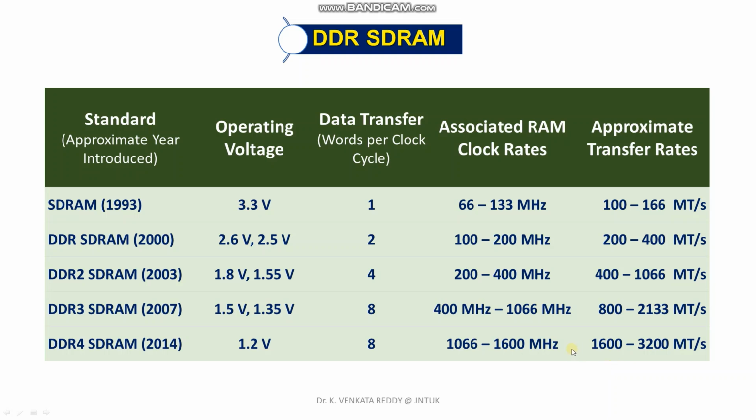They also operate at higher clock frequencies, from 1066 up to 1600 megahertz. They also operate at a very low voltage of only 1.2 volts, and hence the power consumption of these DDR4 SDRAMs is also very less.